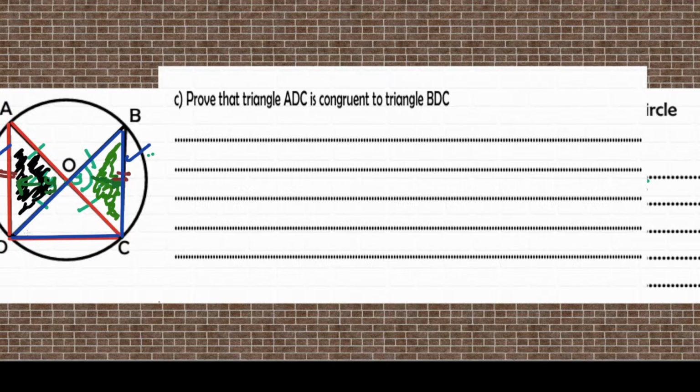We are in need of another S. What is the remaining side we have in the orange triangle? That's AC. And what is the remaining side we have in the blue triangle? That is BD. Any way to say that AC is equal to BD with reasons?